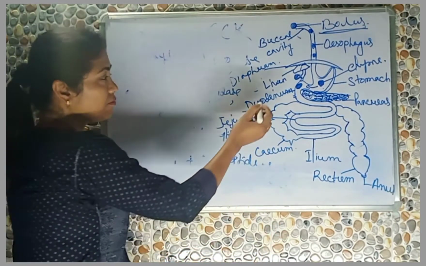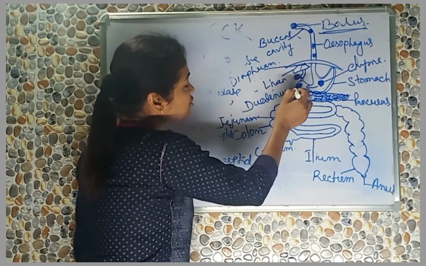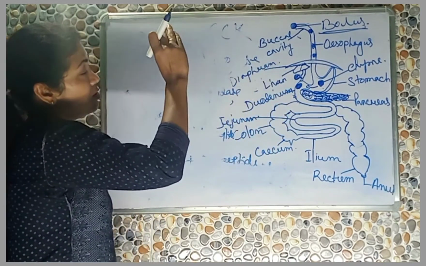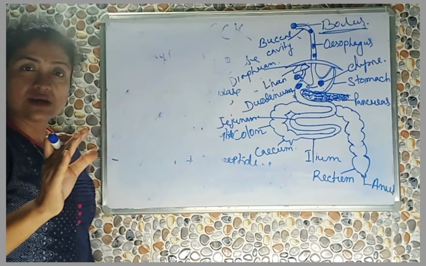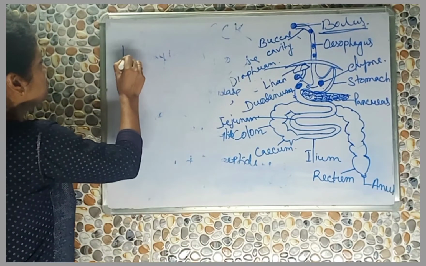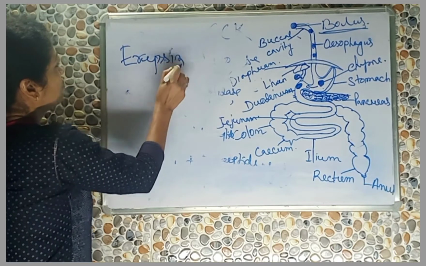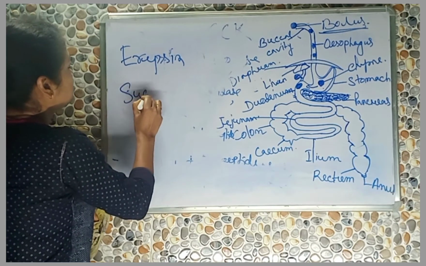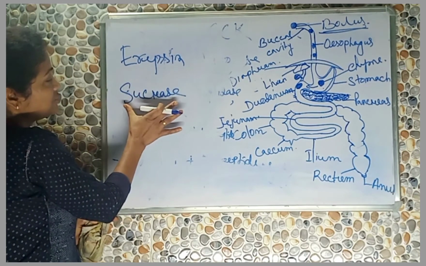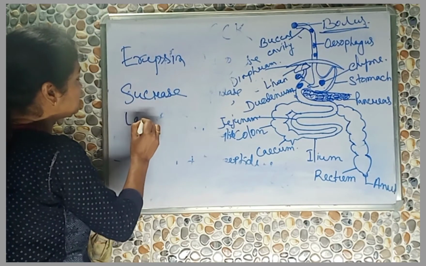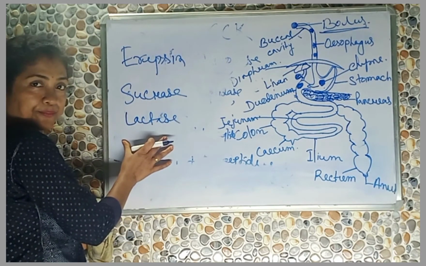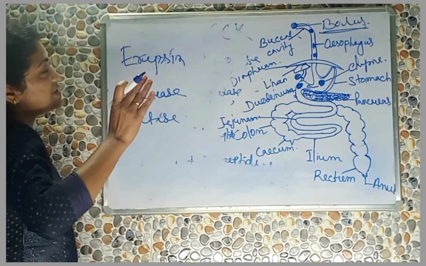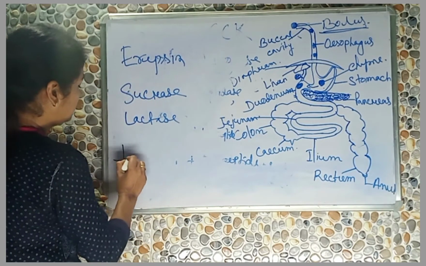And then the food mixture is mixed with the intestinal juices. So intestinal juices contain three types of enzymes. Number one, erepsin, which is a protein digestive enzyme, and sucrase, sucrose digestive enzyme, lactase, lactose digestive enzyme, and lipid digestive enzyme, enteric lipase.